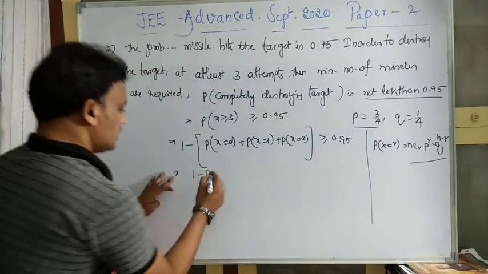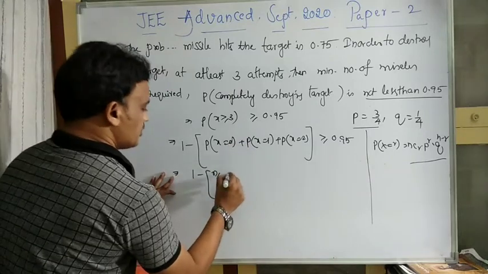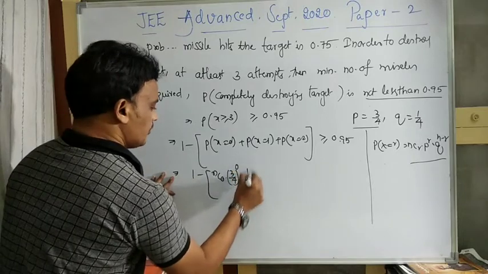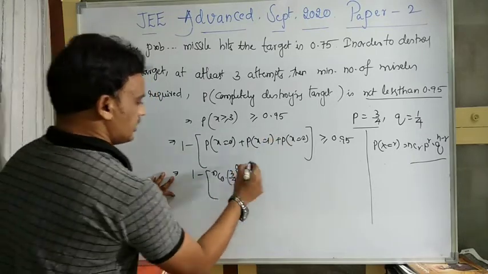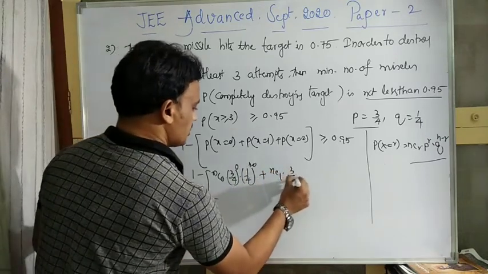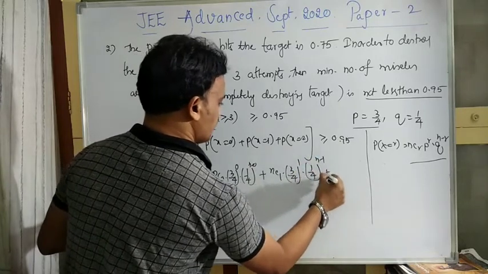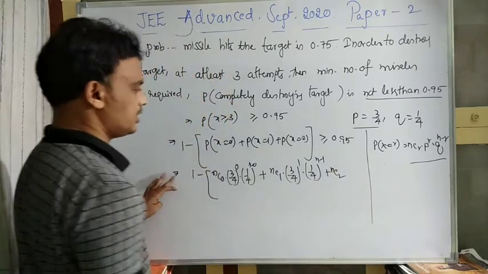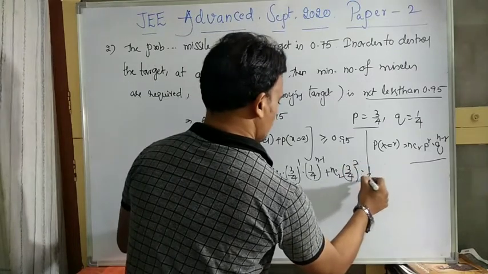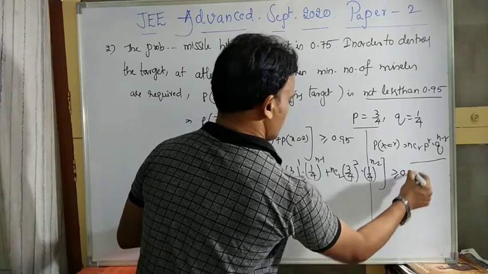Here it is nC0, p power r, so 3 by 4 whole power 0, and q is 1 by 4 whole power n minus 0, plus p of x equals 1, which is nC1 3 by 4 whole power 1 and 1 by 4 whole power n minus 1, plus nC2, which is 3 by 4 whole square and 1 by 4 whole power n minus 2, which is greater than or equal to 0.95.